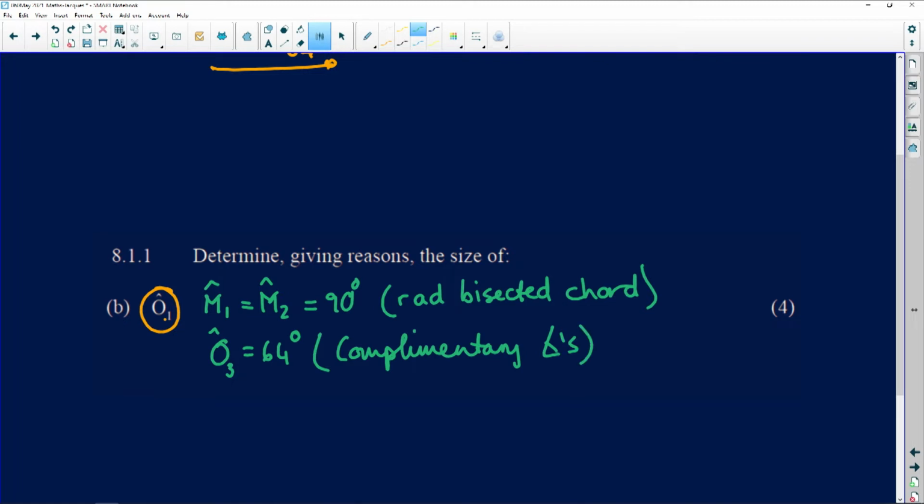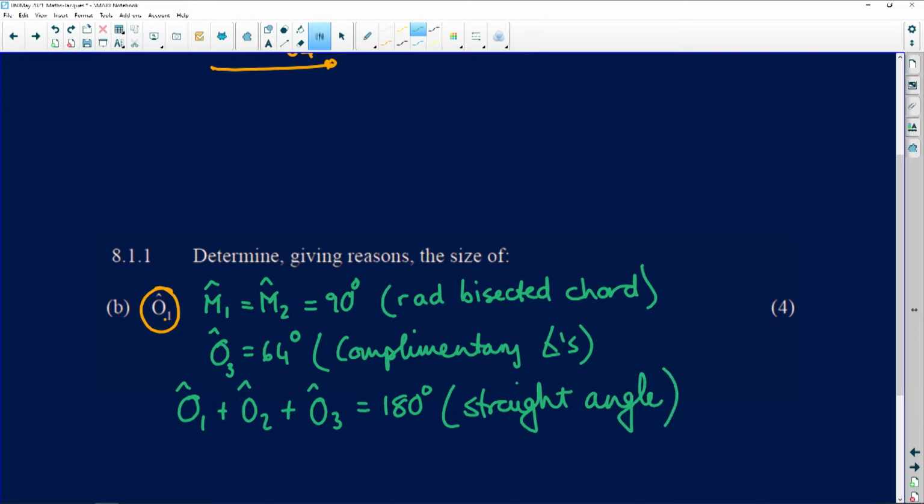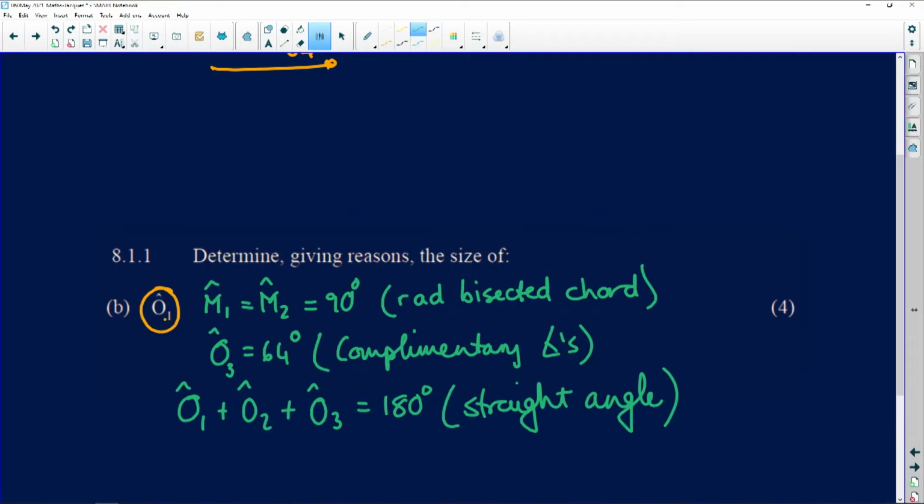Now if that is 64, then what was O1? Well, remember, O1 plus O2 plus O3, all these angles were 180 degrees because it is a straight angle. It lies on a line. They lie adjacent on the line, so it forms a straight angle. And all that's left for us is now to plug in our values.